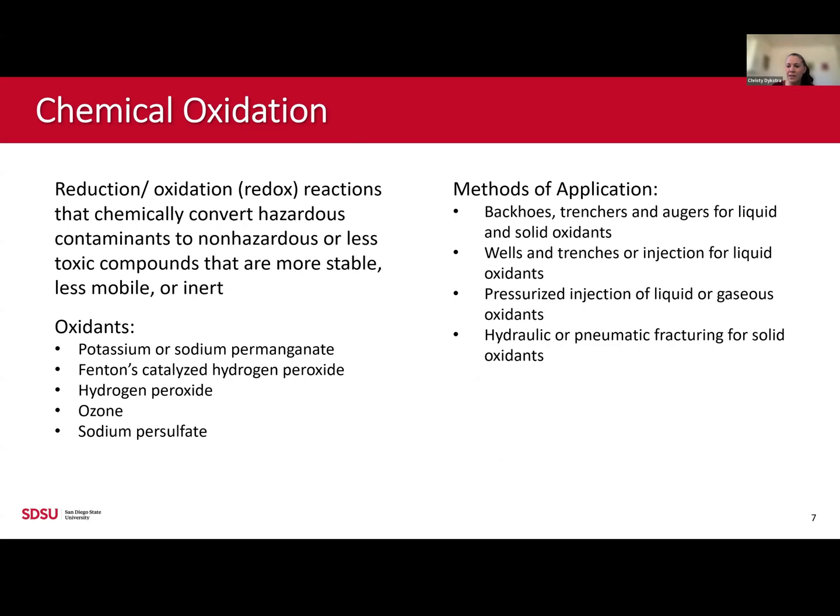So we want to basically either remove the harm of the contaminant itself or turn it into something that's going to be less harmful or less mobile and therefore less likely to impact humans or the environment.